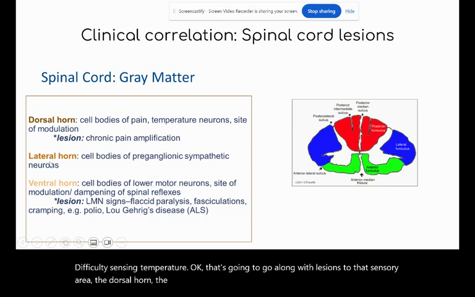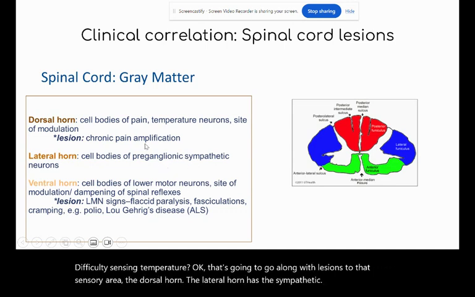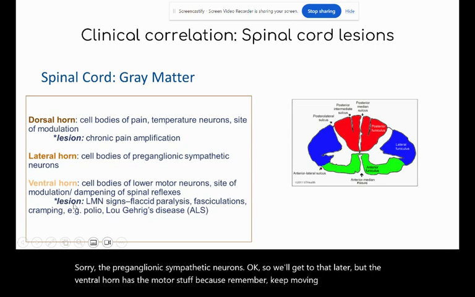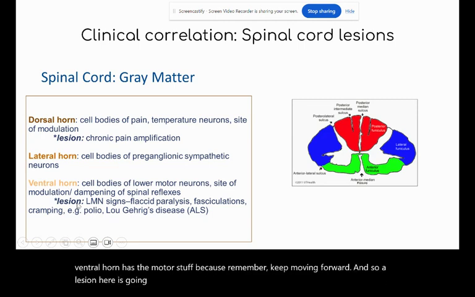The lateral horn has the preganglionic sympathetic neurons. Okay, so we'll get to that later. But the ventral horn has the motor stuff, because remember, keep moving forward. And so a lesion here is going to affect motor stuff.